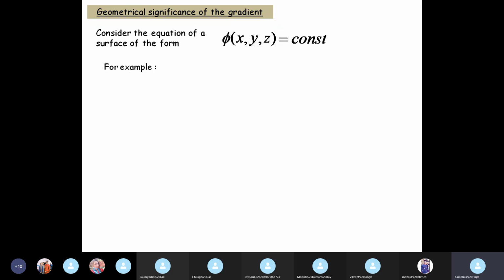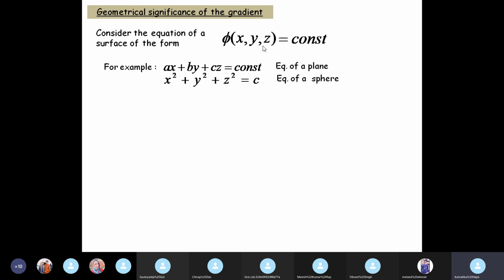What do I mean when I say this represents a surface? For example, all of you know that ax plus by plus cz equals a constant is the equation of a plane. So this is of the form phi(x,y,z) equal to constant, or x squared plus y squared plus z squared equal to c is the equation of a sphere.